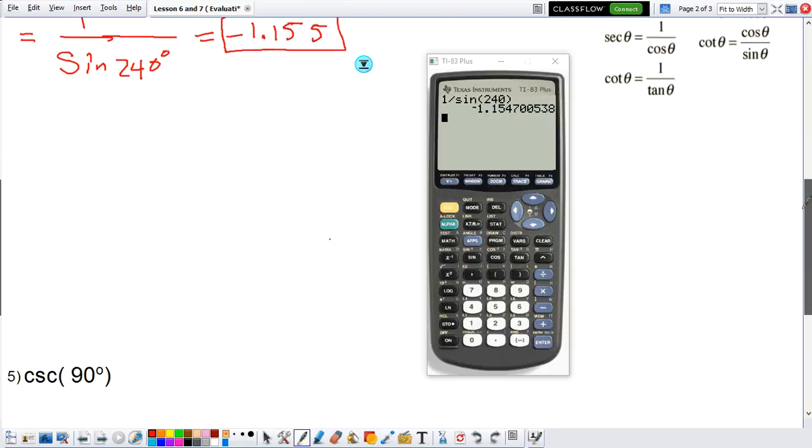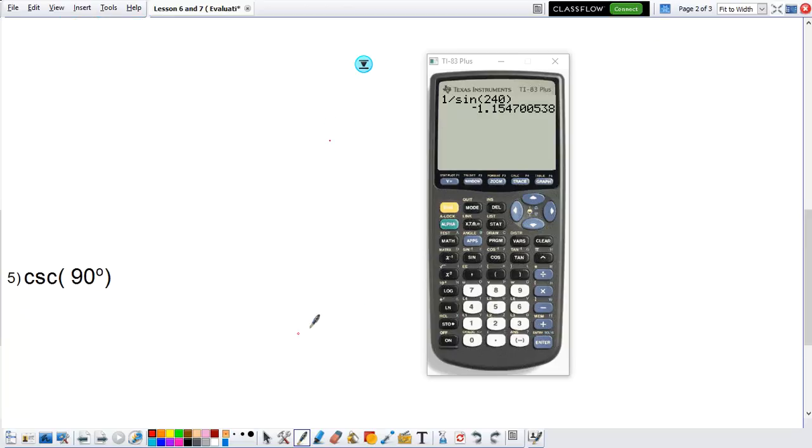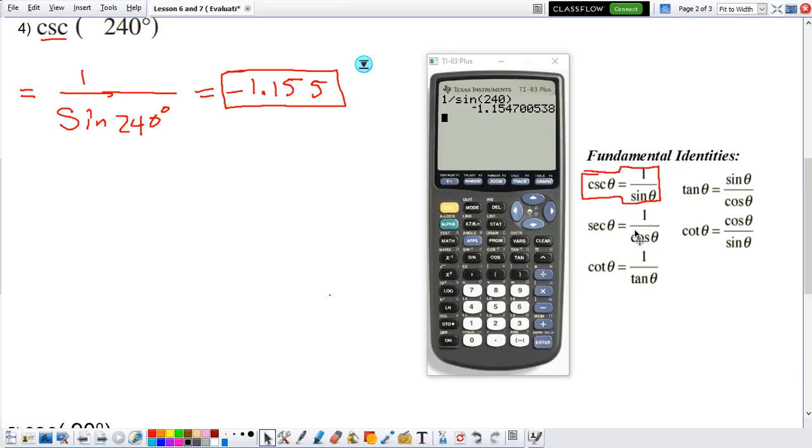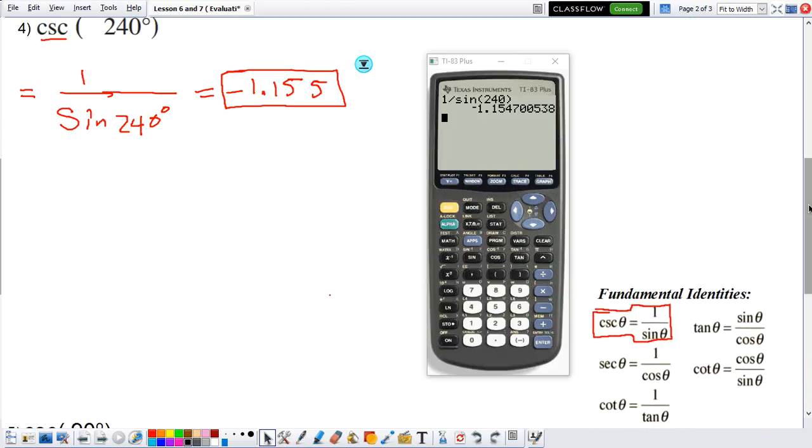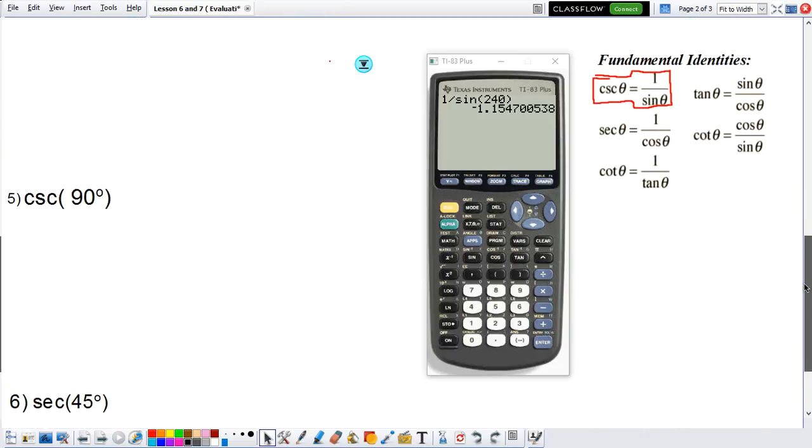Now let's look at example 5. Here we have the cosecant of 90. Again, I cannot use cosecant on my calculator, since I only have sine, cosine, and tangent. So let's rewrite it.